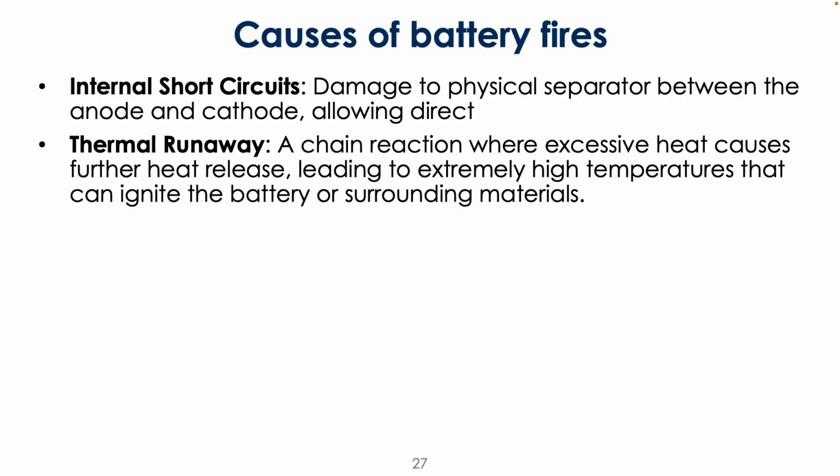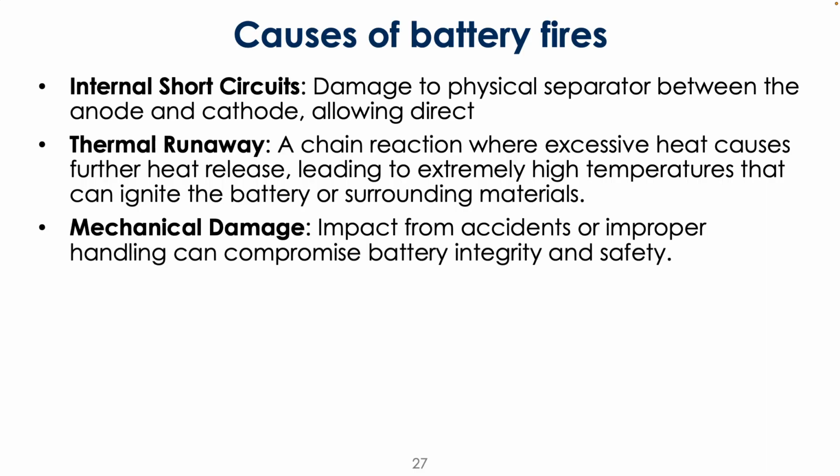There's a chain reaction where an excessive amount of heat causes further heat release. Even if you were to damage one small portion of the battery, causing that particular cell to heat up and release a bunch of heat, it could damage cells nearby, leading to this runaway chain reaction. And it can be hot enough to actually ignite the material in the batteries.